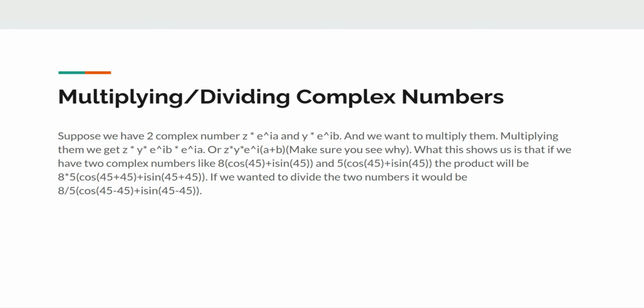Now if you know your exponents, when you do e to the a times e to the b, you're essentially adding the powers. So this becomes z times y times e to the power i times (a plus b). You understand that, right?